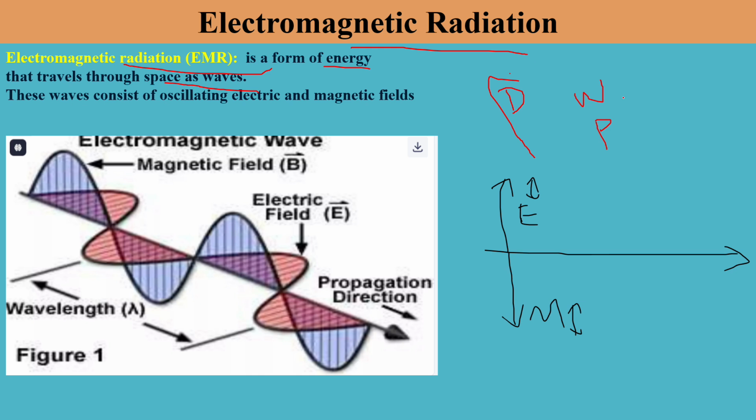Some phenomena of light can be explained on the basis of the wave nature of the radiation, and some phenomena can be explained on the basis of the particle nature, like the photoelectric effect.